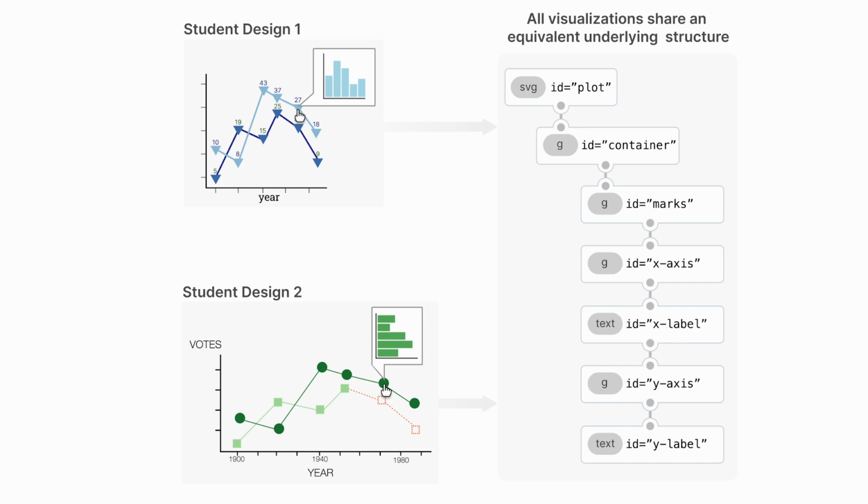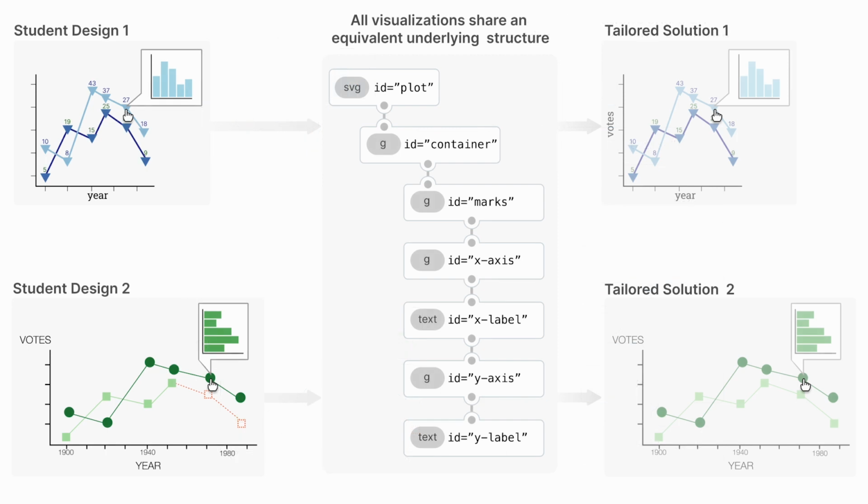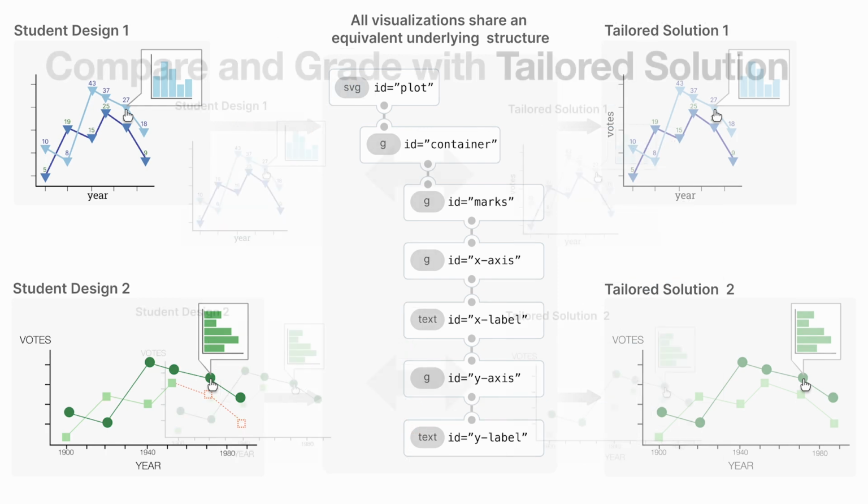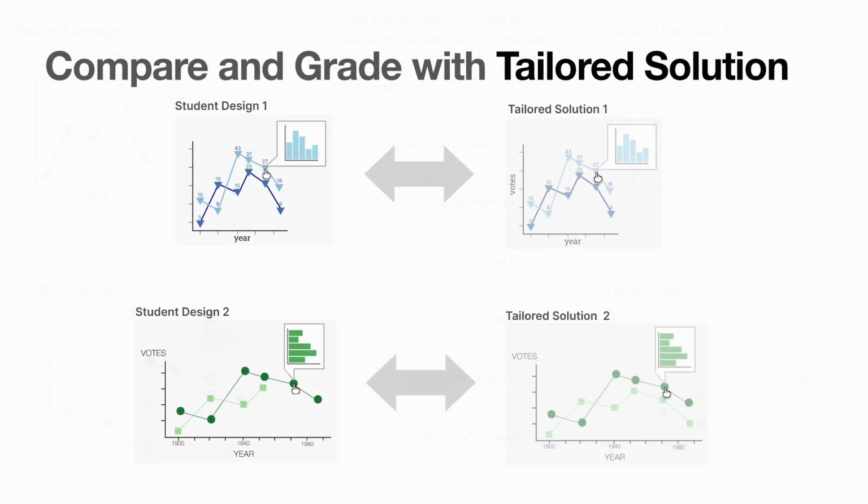When a visualization is rendered, the HTML structure is extracted, and a tailored student-specific solution is generated for comparison with the student submission. The tailored solutions are used to compare and grade the student's design against the rubric without unnecessarily constraining differences in design.